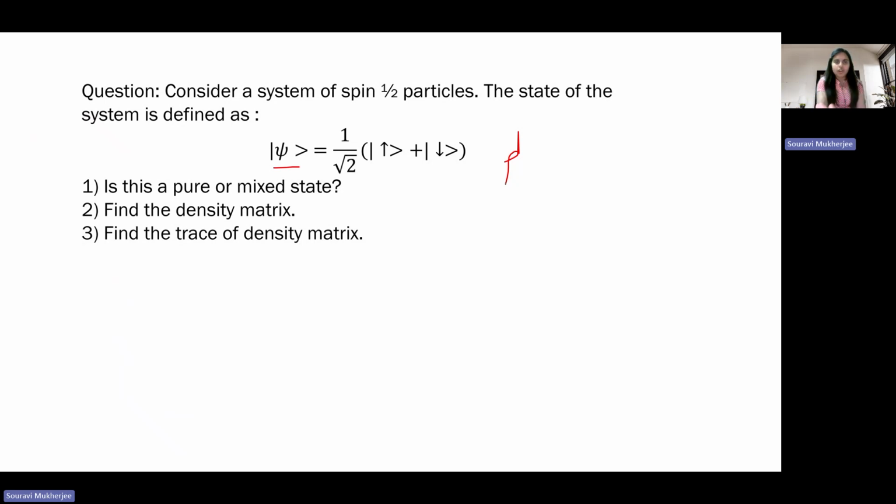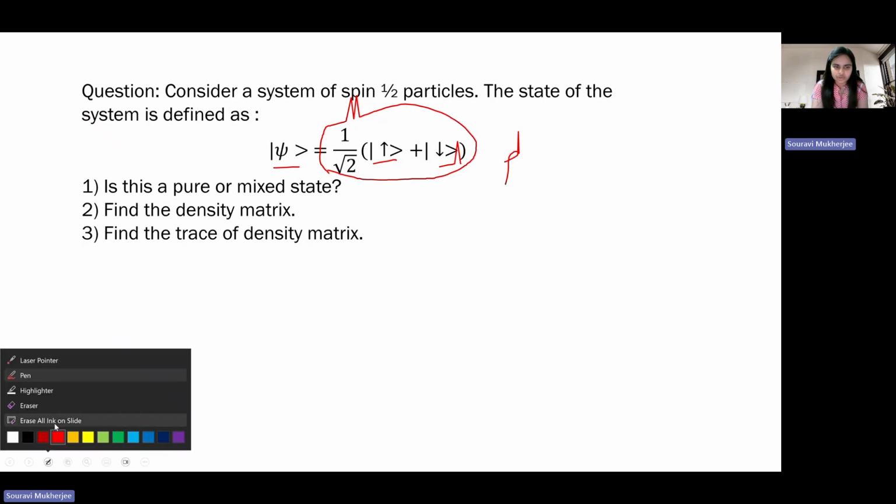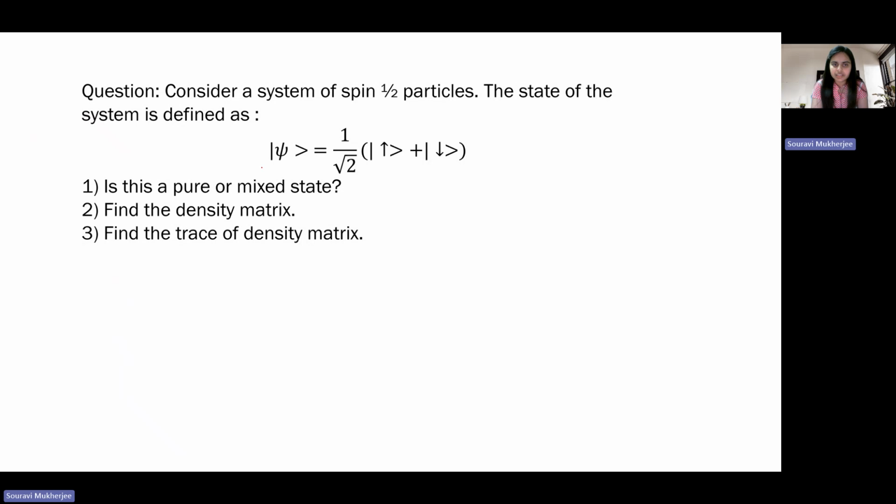But even before that, from the fact that you already know that your system is in this state, it's telling you that it's a pure state. Why? Because for the basis vectors you have chosen, up and down, you have written another vector as a superposition of these two basis vectors. That is absolutely fine.